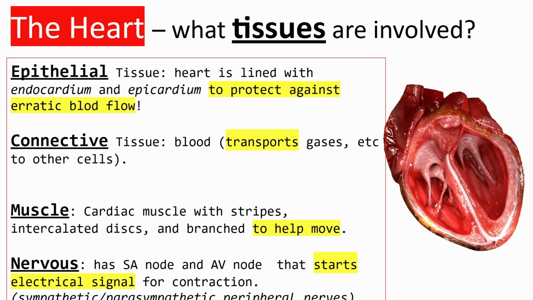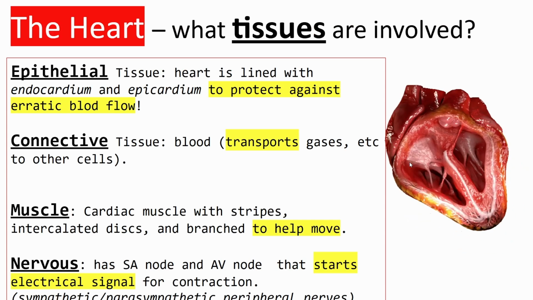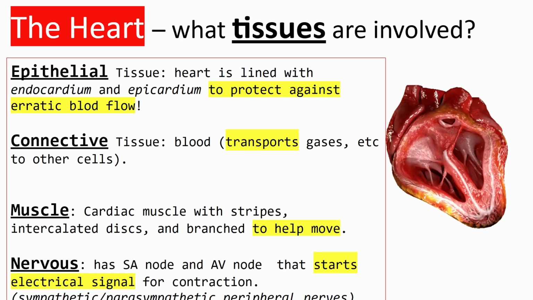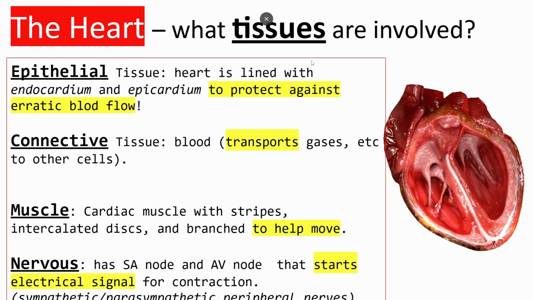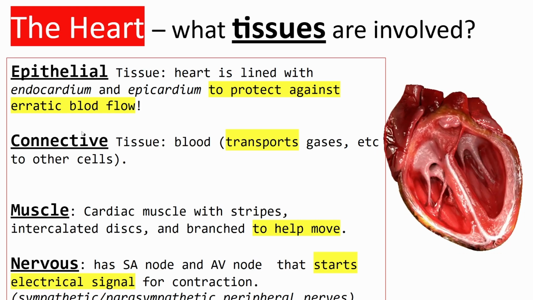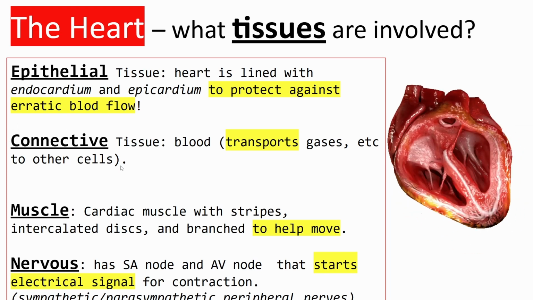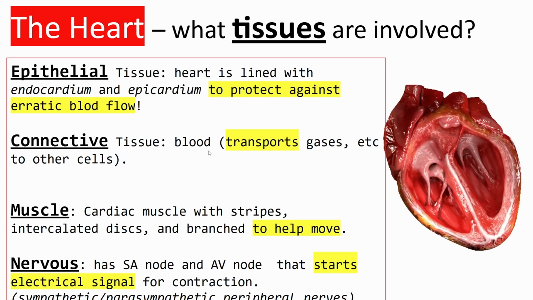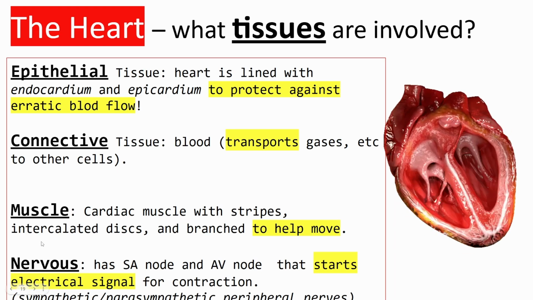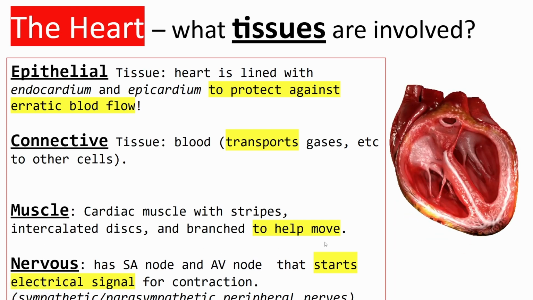So, the organ system, well, before we do that, what tissues are involved? You'll see that there is epithelial, connective, muscle, and nervous. For epithelial, it has the endocardium and epicardium to protect against erratic blood flow. We have connective tissue, like the blood itself. Then we have muscle, the cardiac muscles, with stripes, intercalated discs, and branches to help them move.